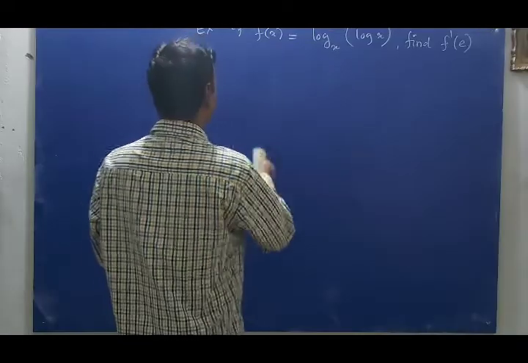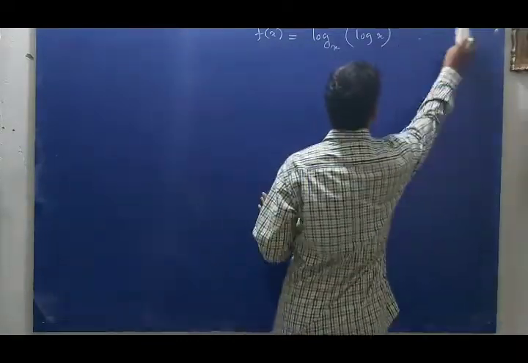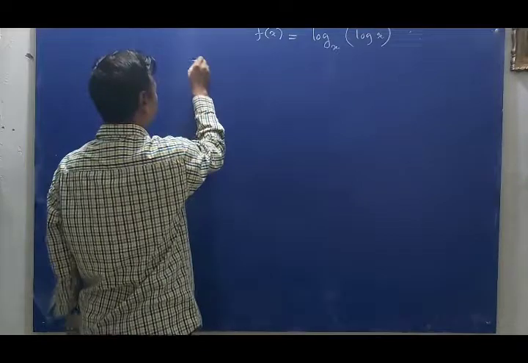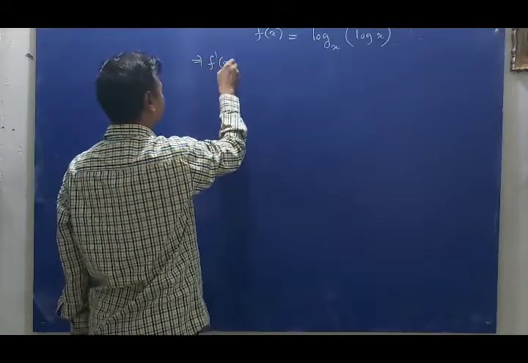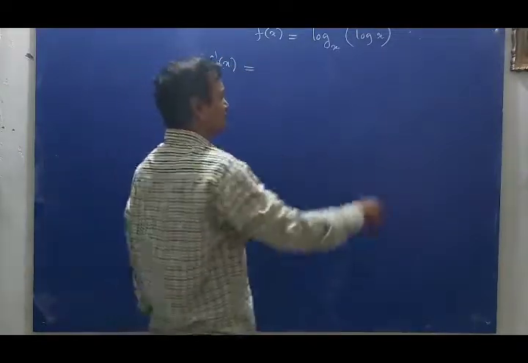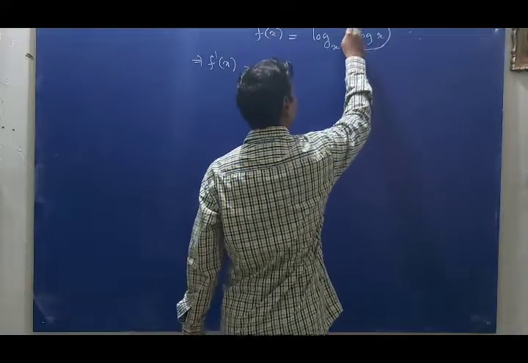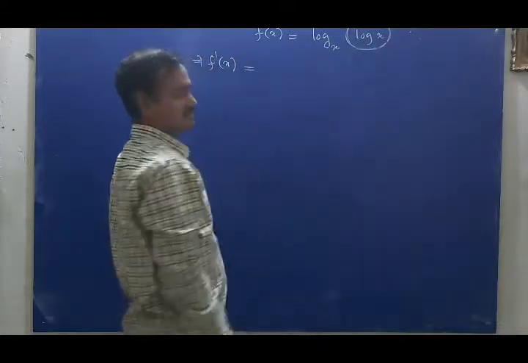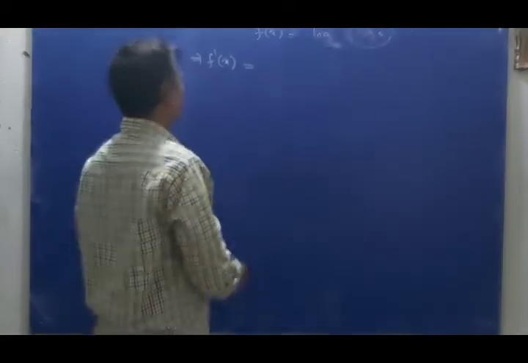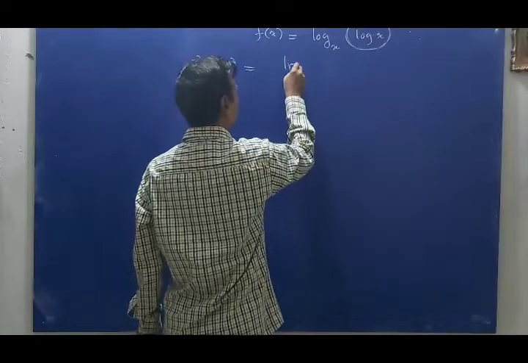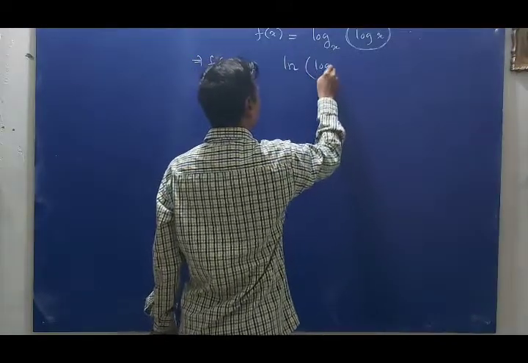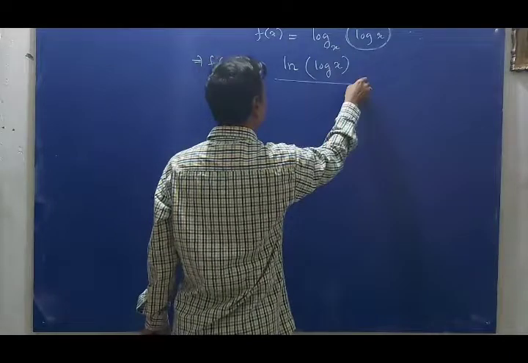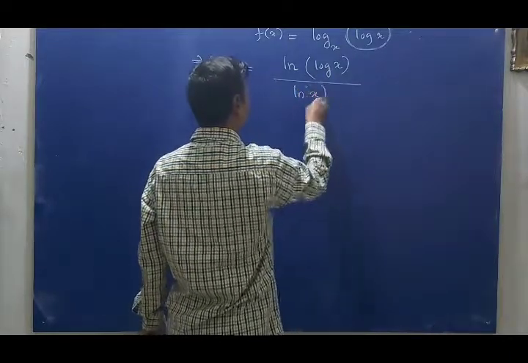So now, f dash of x. So f of x is log x base x. First we express it like this: f of x is equal to ln of log x by ln of x.